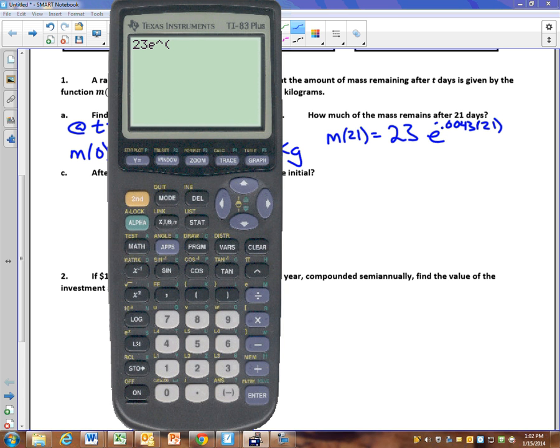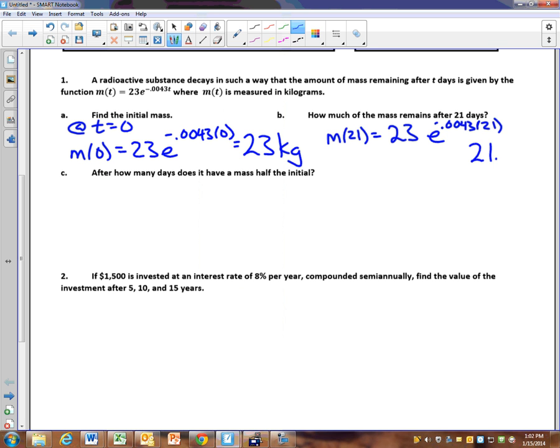So we've got that parentheses, negative 0.0043 times 21. That way you have everything multiplied in the exponent. Press enter, and we get 21.01. So after 21 days, you've lost a little bit of the material, but not a ton. You got 21.01 kilograms. Any questions how I got A or B?